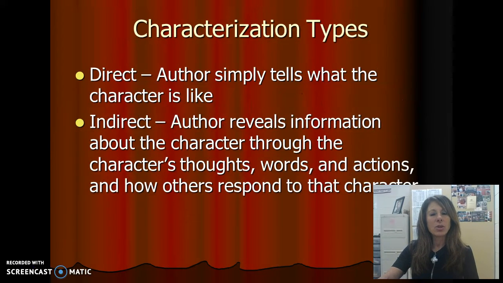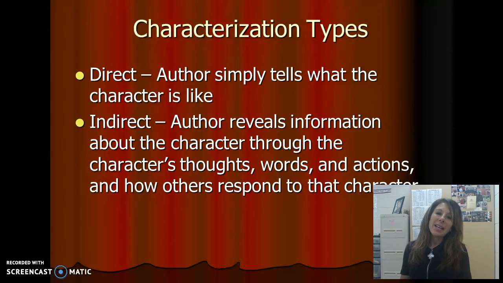Here are the different characterization types. We have direct characterization, where the author simply tells us what the character looks like, what the character acts like, how the character feels. When we know things about the character because the author simply tells us, then that's direct characterization.